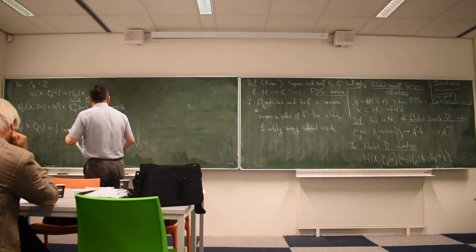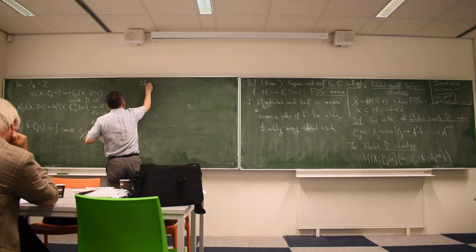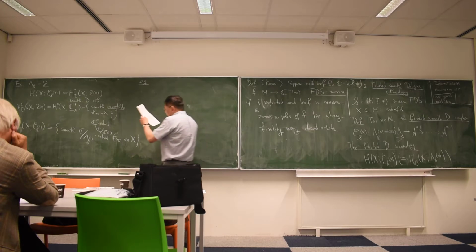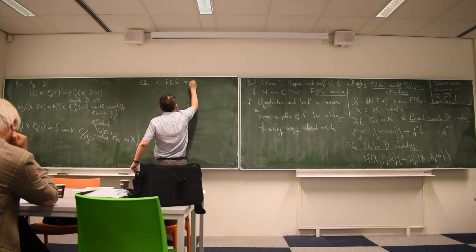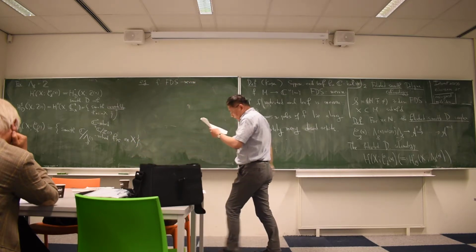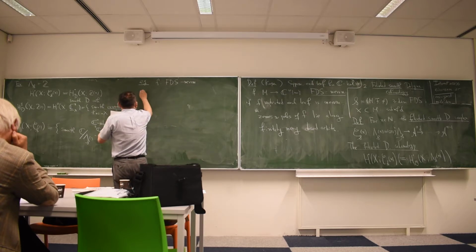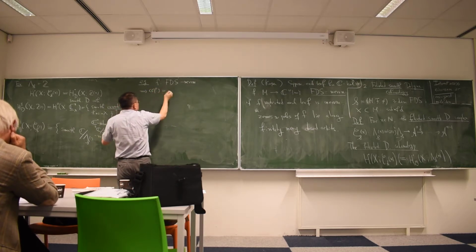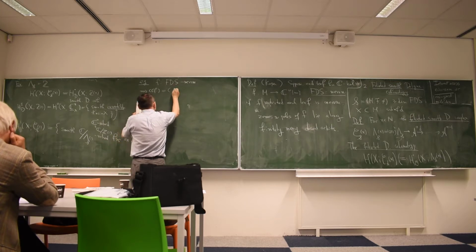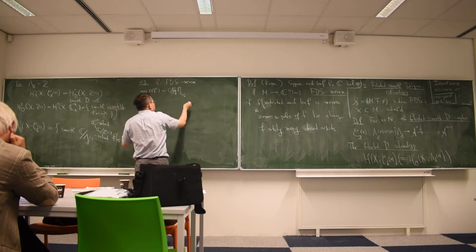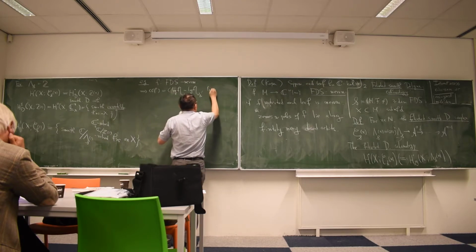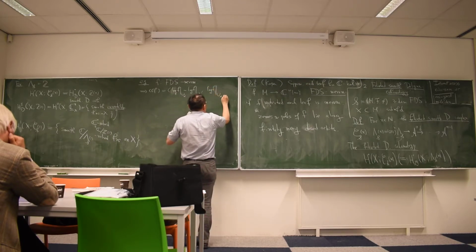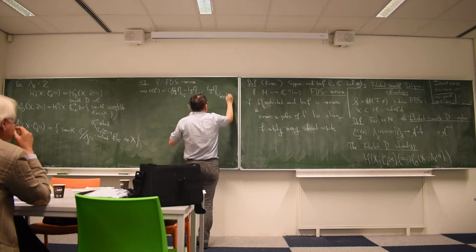And for example, if F is FDS meromorphic in the sense of Kopei, then the cohomology class is represented by the Cech cocycle log of F restricted to U alpha minus log of F restricted to U beta, on U alpha intersect U beta.